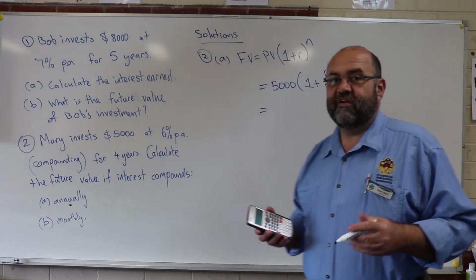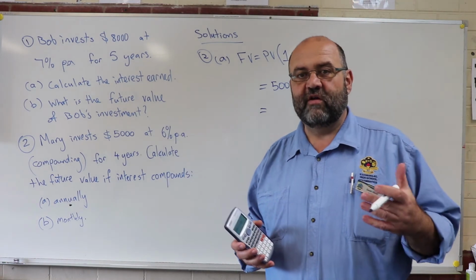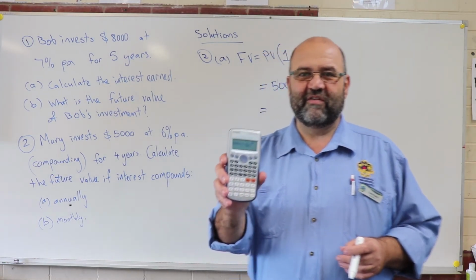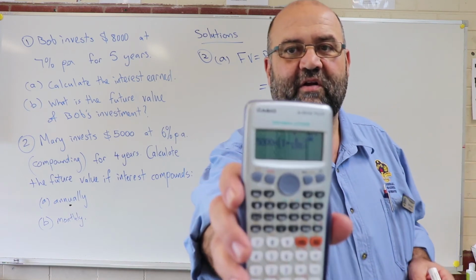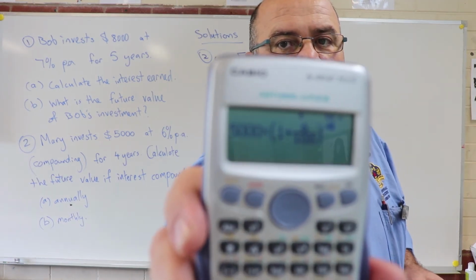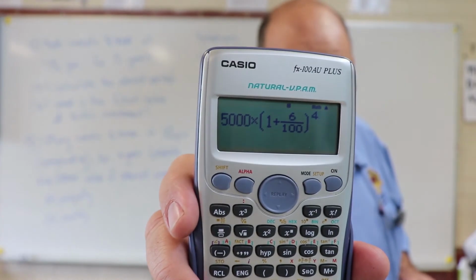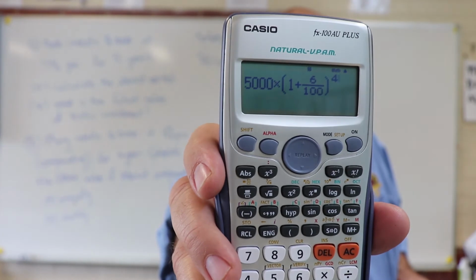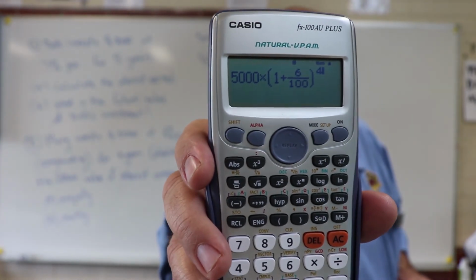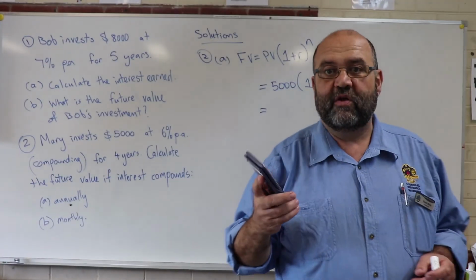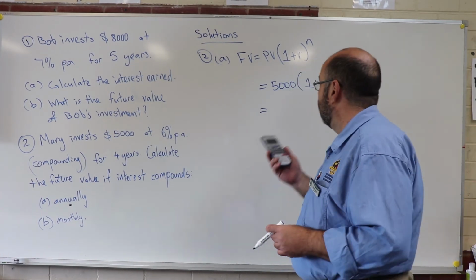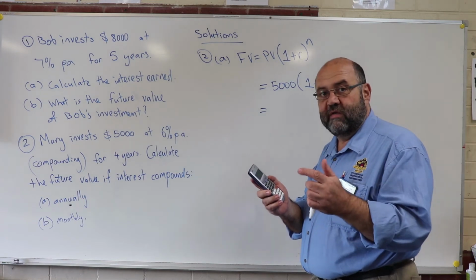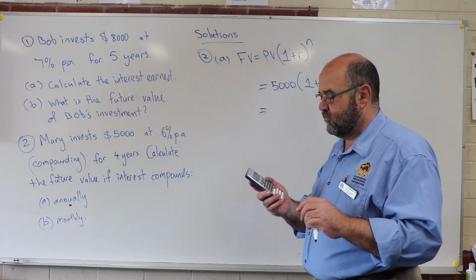Now, I very strongly suggest, guys, I know that not all of you have natural display calculators, but life is honestly a heck of a lot easier if you can get a natural display calculator, where exactly what we see there is exactly what we have on our calculator, so we know that we're getting it right.